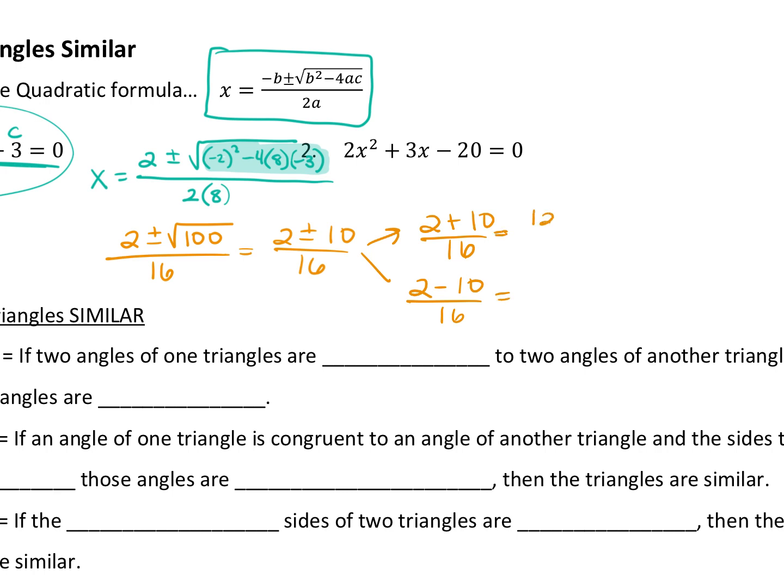So this is 12 over 16, which is 3 over 4. And this is negative 8 over 16, which is a negative 1/2. Now, if we're talking about the length of something, which one of these answers is the answer you would use? The positive. You can't have a negative length of something, right?